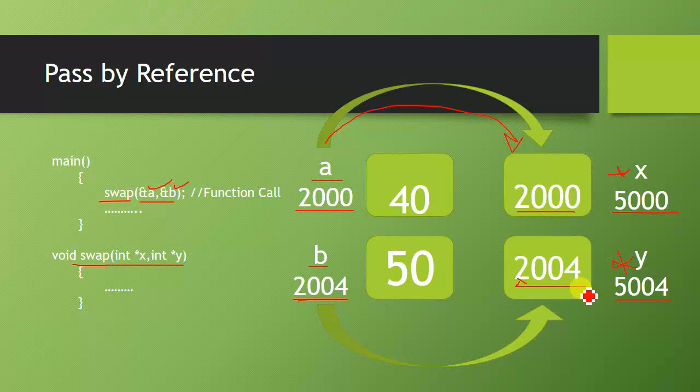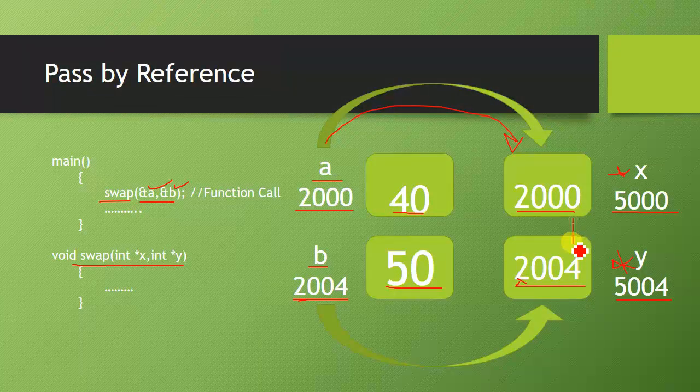If in our function we are swapping the values at pointer x and pointer y, then the function is swapping the values at addresses 2000 and 2004. At memory location 2000 we have stored 40, and at memory location 2004 we have stored 50.